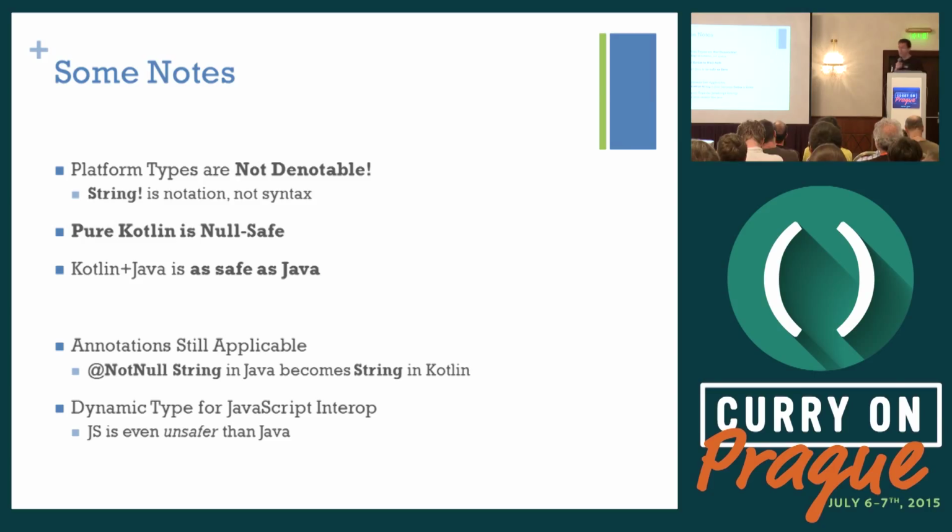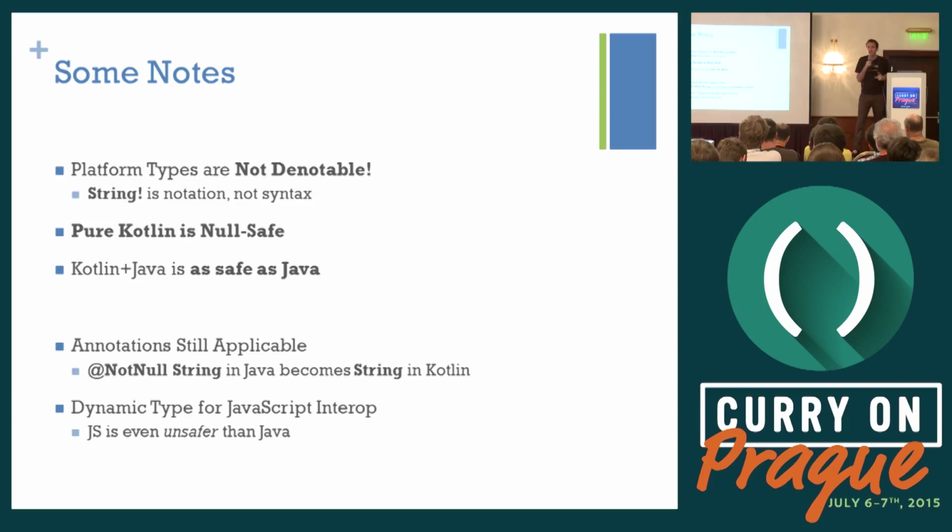And yeah, also when you think JavaScript is even more unsafe than Java, because when you're talking about types in JavaScript, it's like, what are you talking about? What kind of types are there in the JavaScript code? There are types at the runtime, but no types in the code.